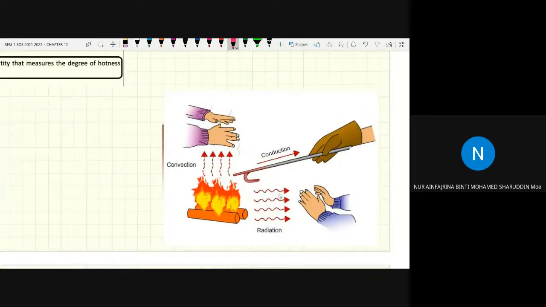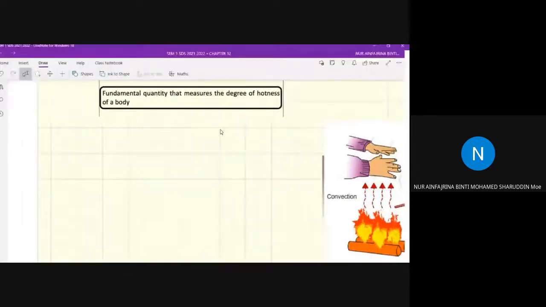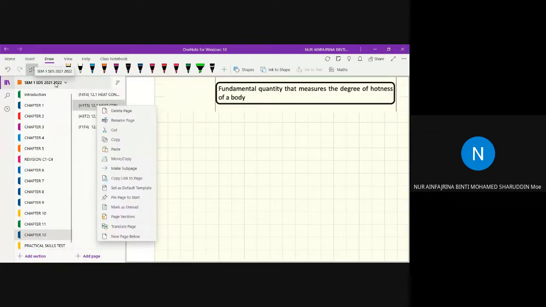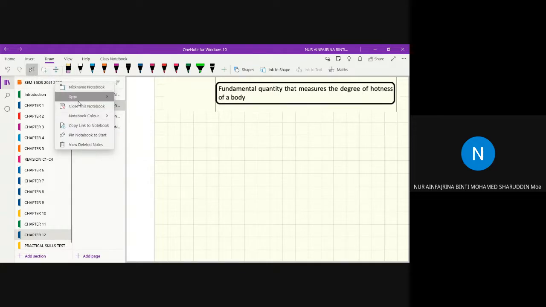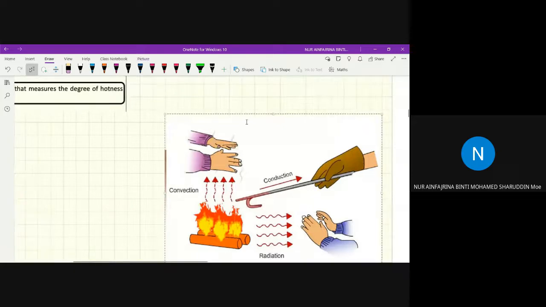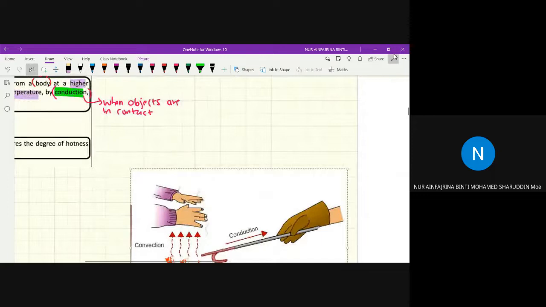So ini kita panggil, oh no, sorry give me one moment. Okay, tak apa. So, dia adalah when objects are in contact.